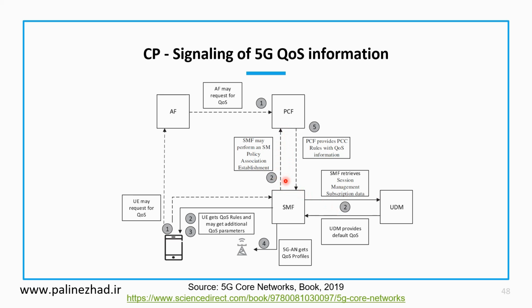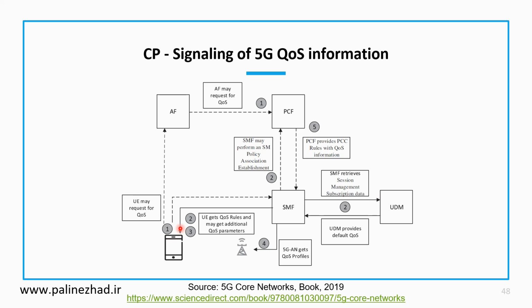The resulting values are used for the QoS flow, and as a result of a PDU session establishment, the UE gets a default QoS rule. Here we have this number 2. The UE will get the default QoS rule and optionally additional QoS rules and QoS flow descriptions. The UE also gets the session AMBR that the UE uses for applying uplink rate limitation for the non-GBR QoS flows.